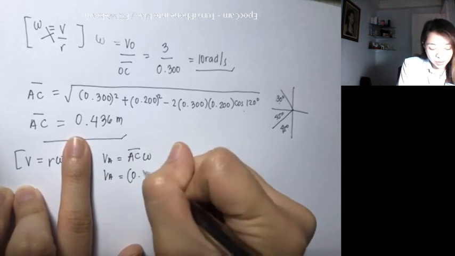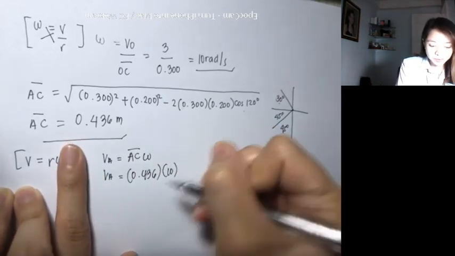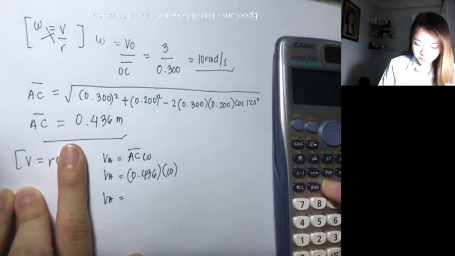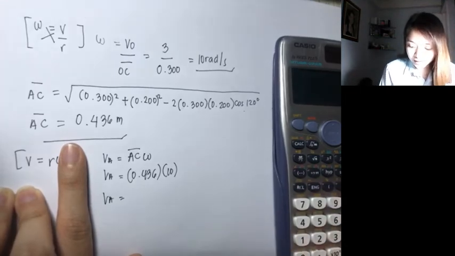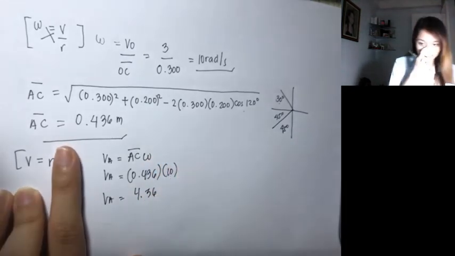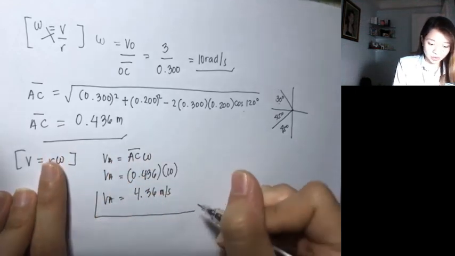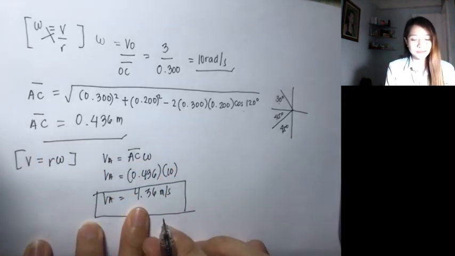So 0.436 multiplied by 10, we now have 4.36 meters per second. So that would be our final answer: 4.36 meters per second.